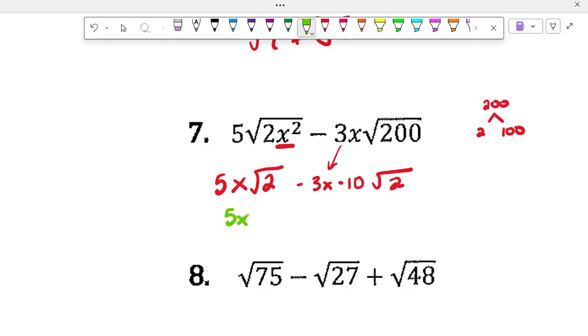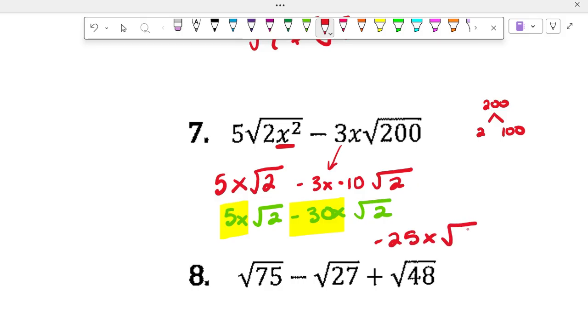This will be 5x square root 2 minus 30x square root 2. They got the same radicand and index. So I can just combine the two like terms, which 5x and 30x are like terms. So this would be negative 25x square root 2.